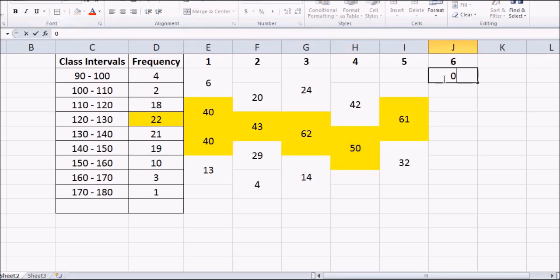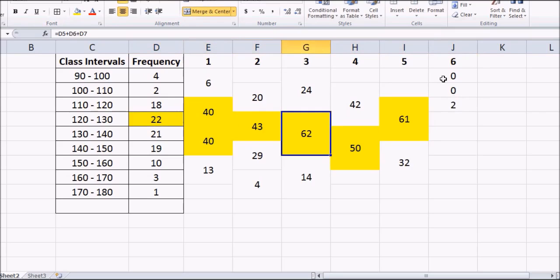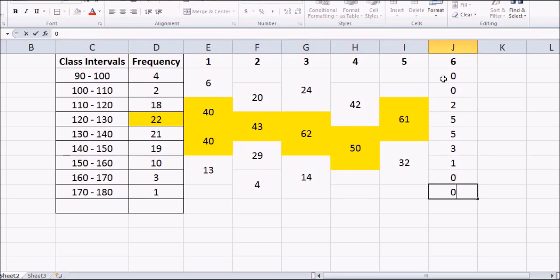Here it is 0, next one also is 0, next we see there are 1 and 2, so 2, next we see 1, 2, 3, 4, 5, well 5 here, next we see 1, 2, 3, 4, 5, again 5, next we see 1, 2, 3, only 3, next is 1, only 1, and here onwards we have 0 and 0, all these cells.